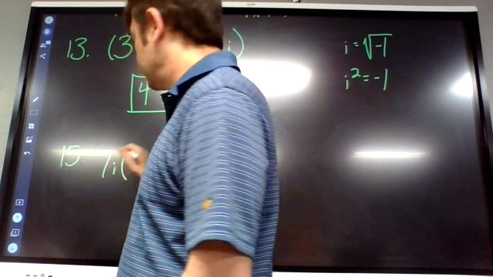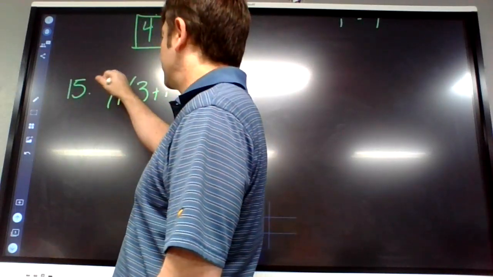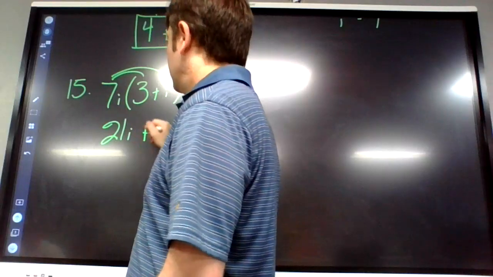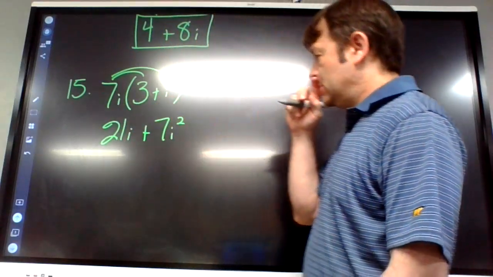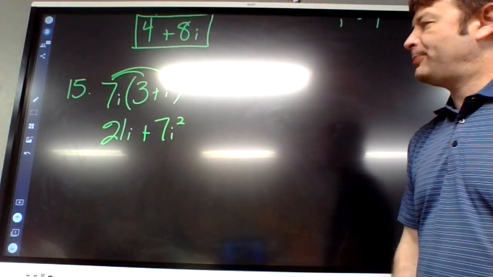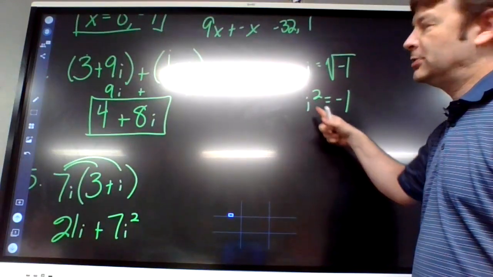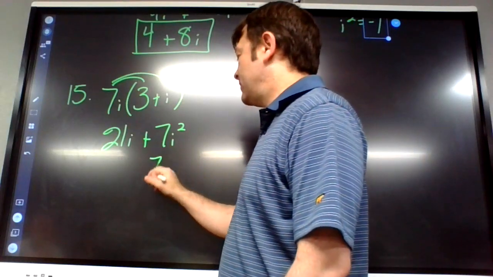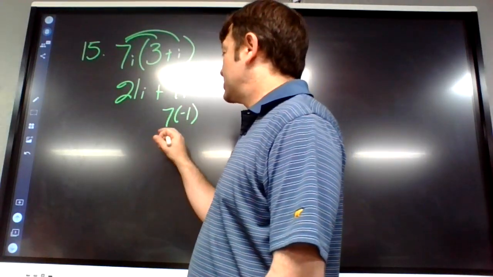When you get i squared, something weird happens. What happens when we get i squared? We just talked about it. It becomes a negative 1. So this is actually 7 times negative 1, so this is a minus 7.